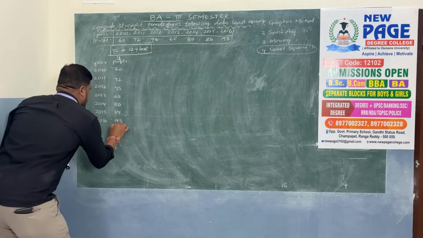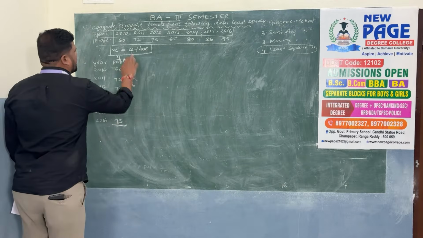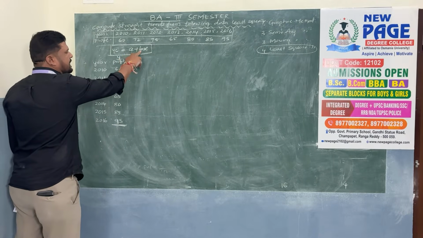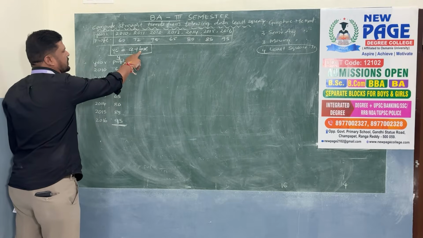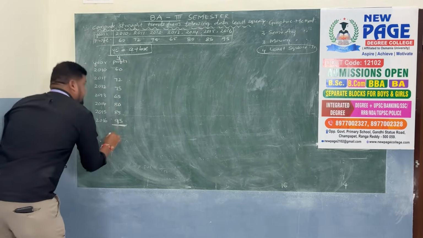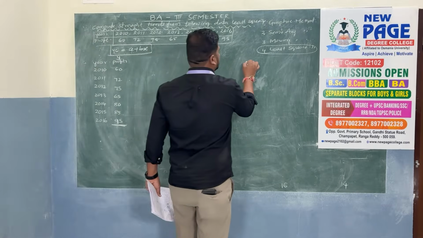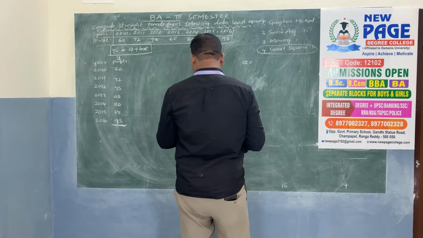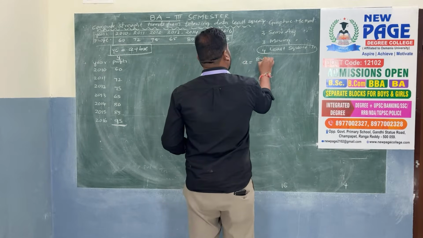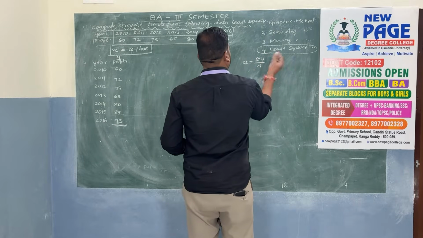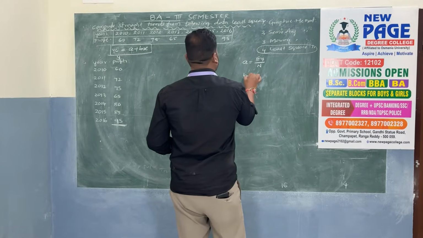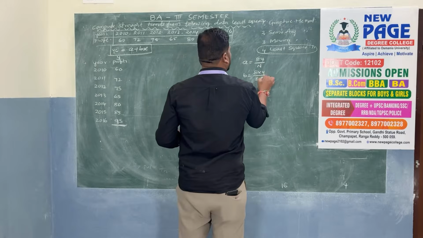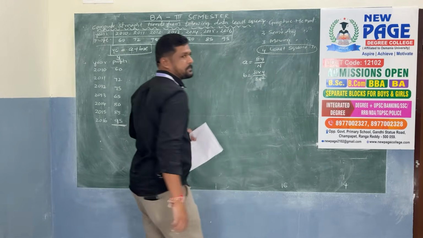So first of all find out the a value, and then find out the b value. Here a = sigma Y by N, and b = sigma XY by sigma X square.